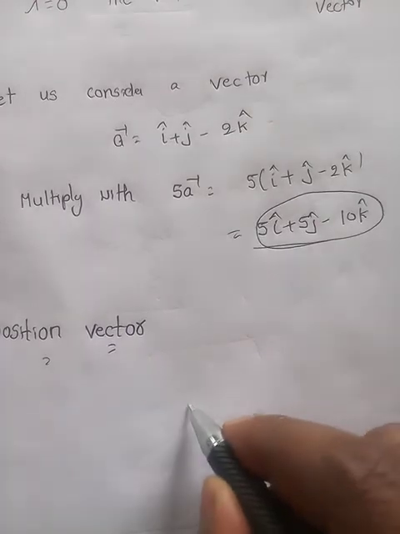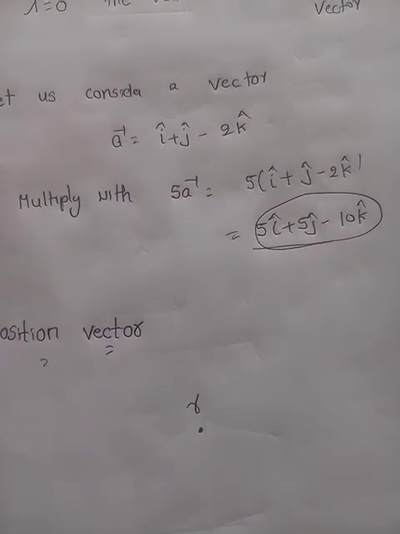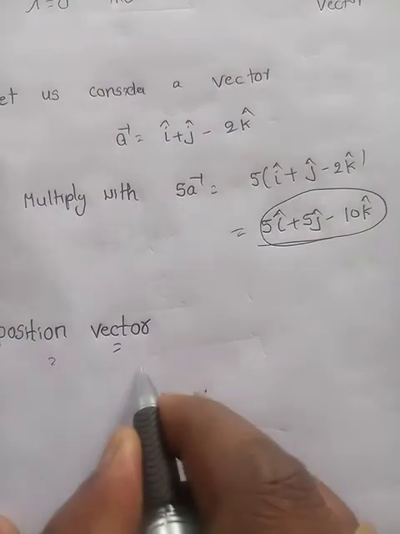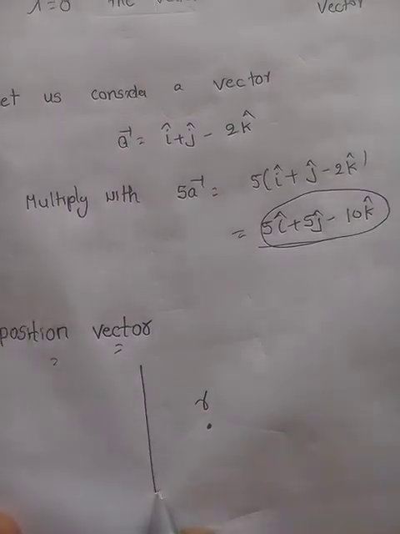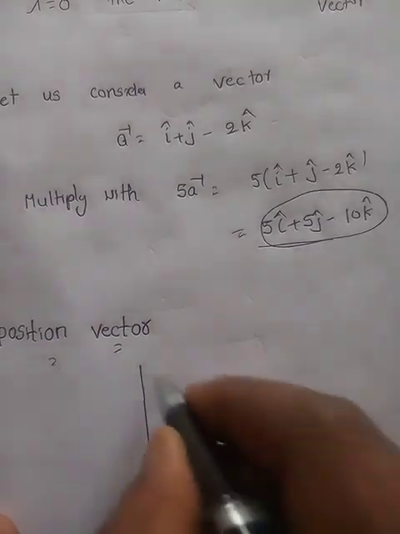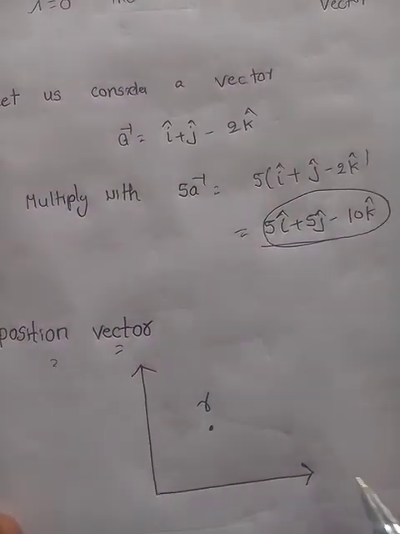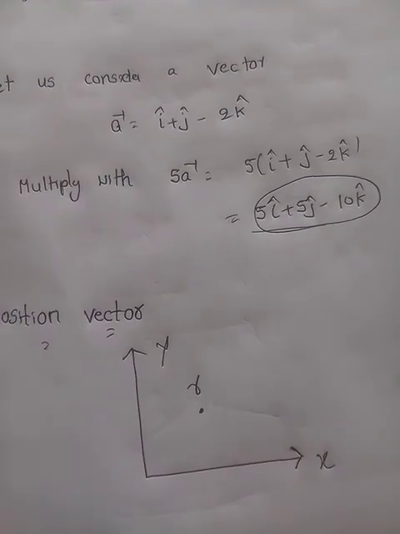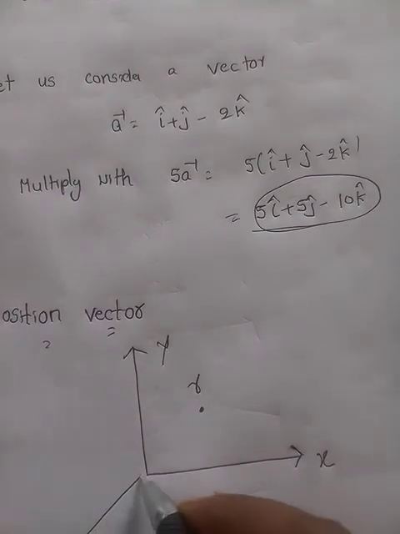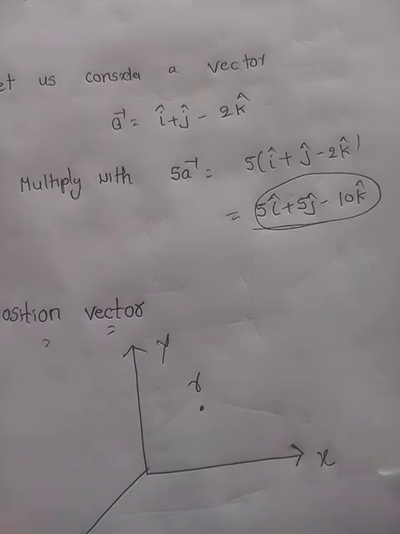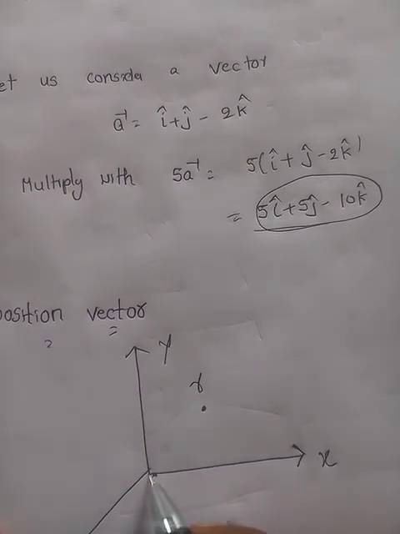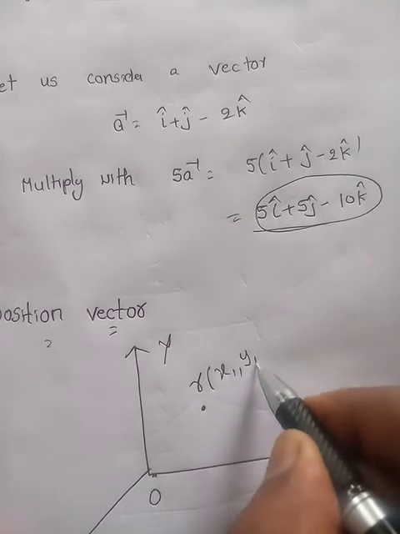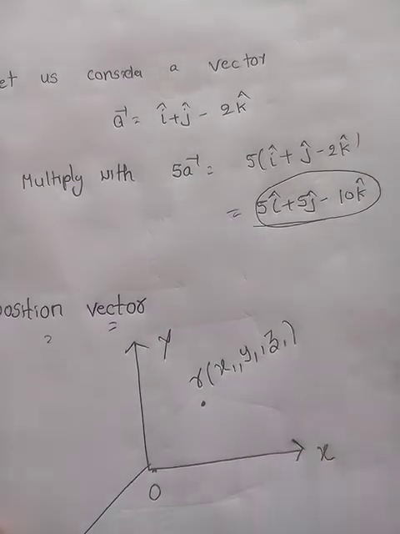Let us take that. I want to know the position of this particle. So what we have to do? We should draw coordinate axes, x, y and z axis. The position of the particle with respect to the origin, let us assume, is x1, y1 and z1.